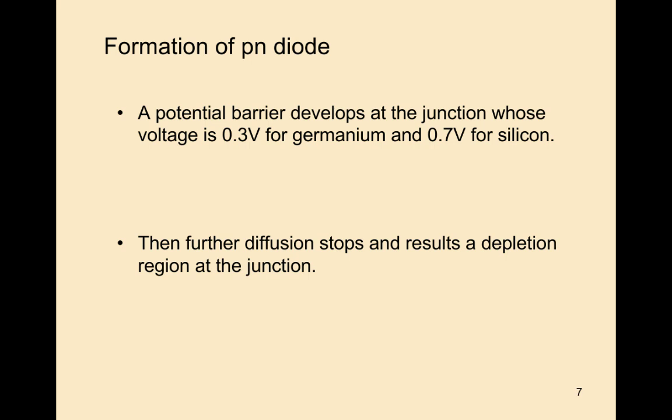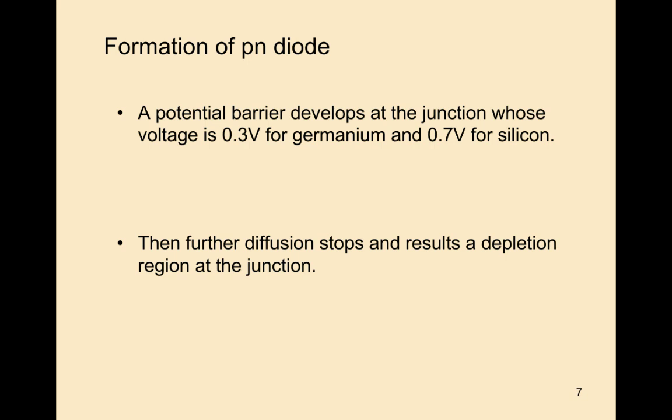A potential barrier develops at the junction whose voltage is 0.3 volts for germanium and 0.7 volts for silicon. So by recombining these holes and electrons at the junction, some potential difference will be formed. That potential difference we call the potential barrier.